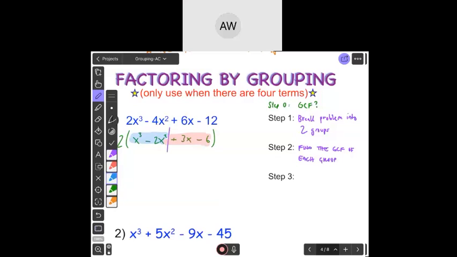June, what would be the GCF of the first group? What would go in both terms of the first group, June?